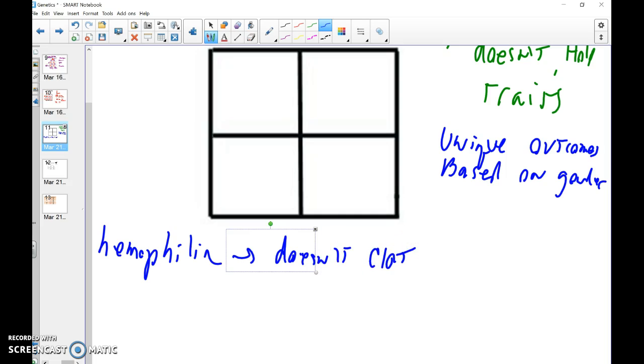So for them, a paper cut could bleed for days. You know, a small cut on your arm that you get playing a sport or running around outside, they could have to go to the hospital and get stitches because it won't stop bleeding, and that's a big problem. Well, hemophilia, the genes for this trait are on the sex chromosome.